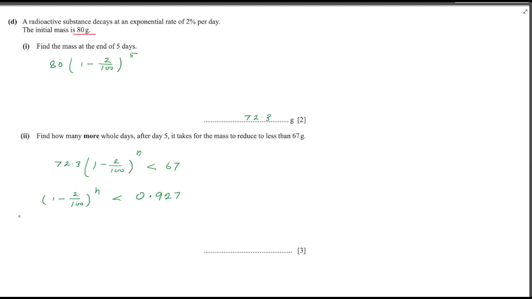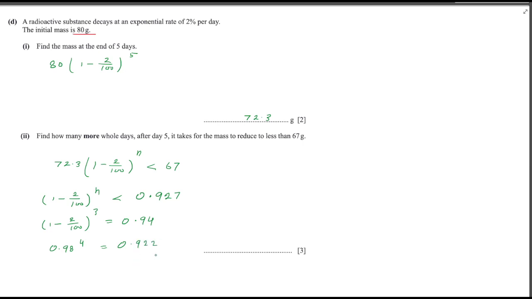So 1 minus 2 divided by 100 power 3 gives me a value of 0.94. Similarly, this is 0.98 power 4. If I do 0.98 power 4, this will give me a value of 0.922.